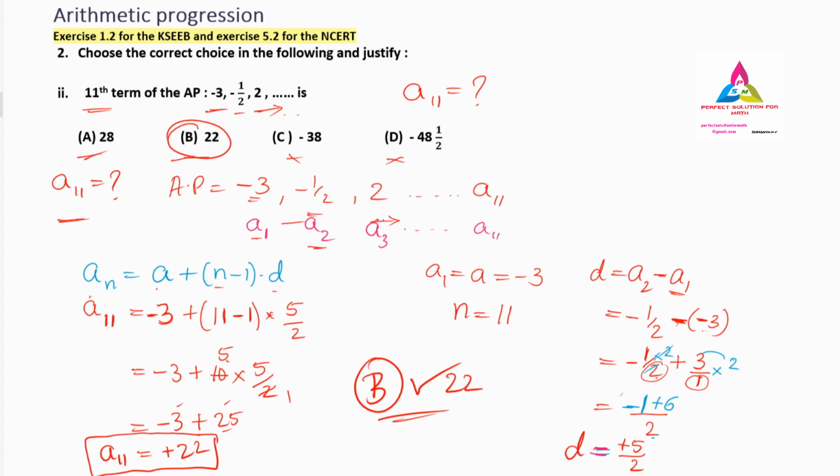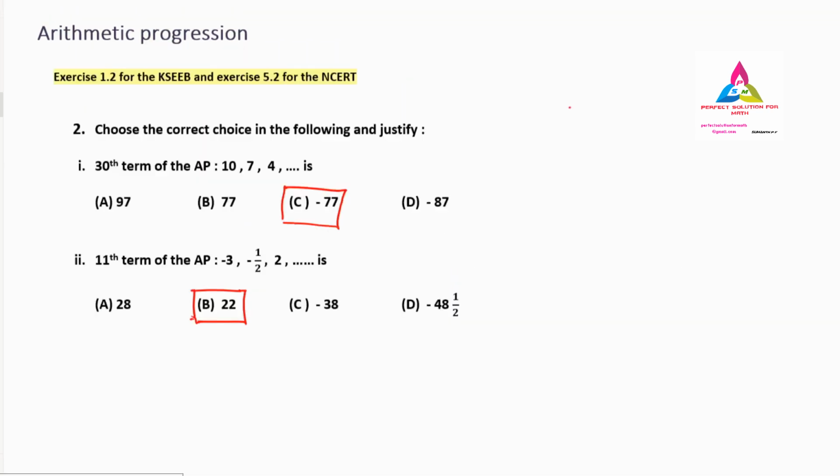So A or B is the option, and C and D will not be. Like this, you have to use your brain and solve this problem. This is your final answer: the 30th term of an AP is option C, minus 77, and the 11th term of an AP is option B, that is 22. This is all about today's topic.